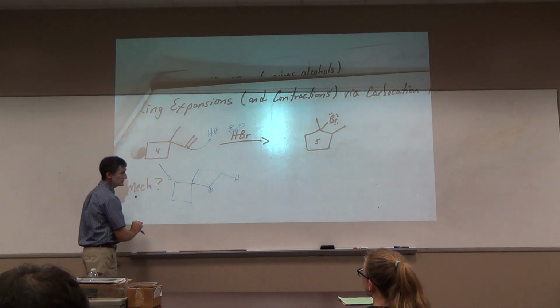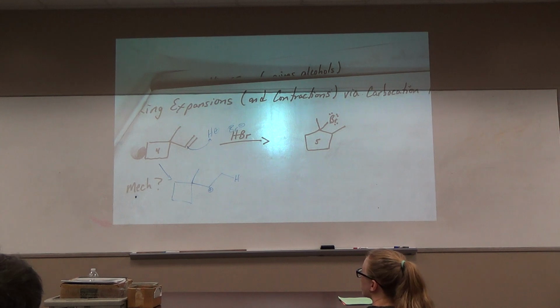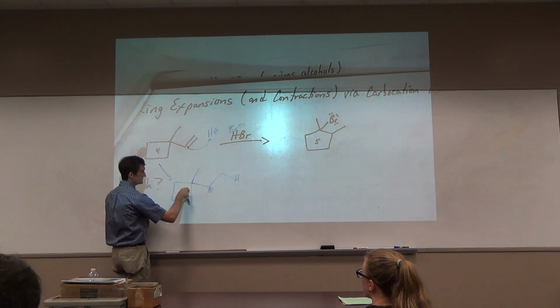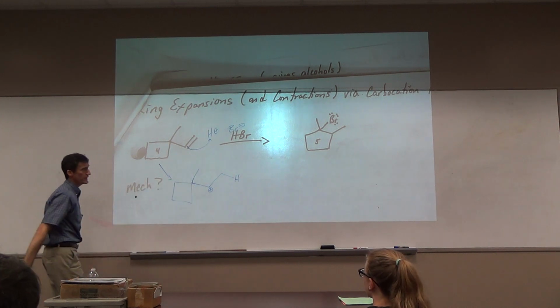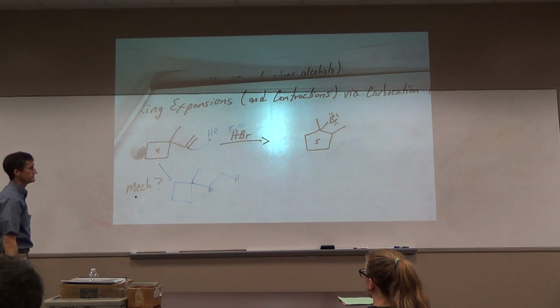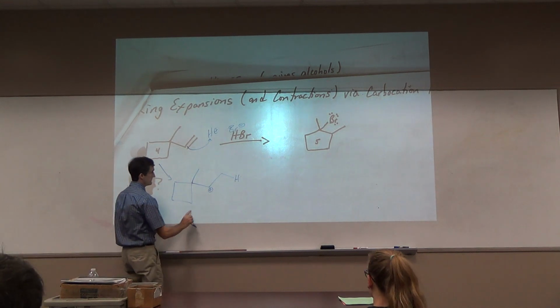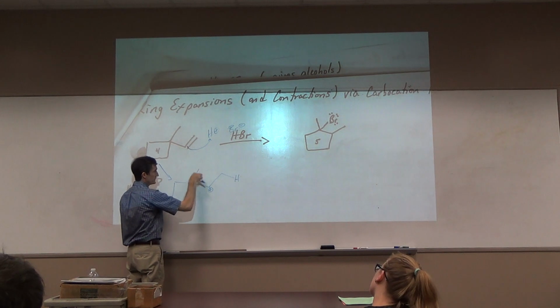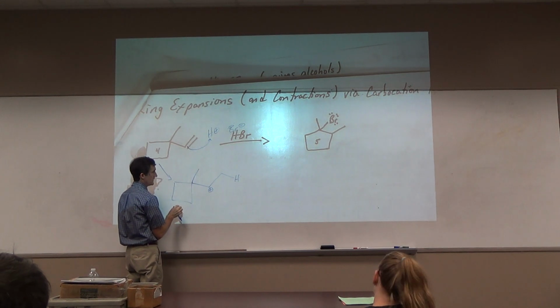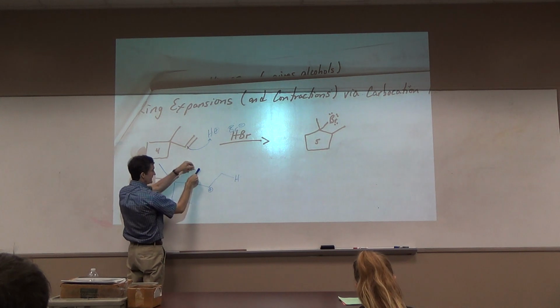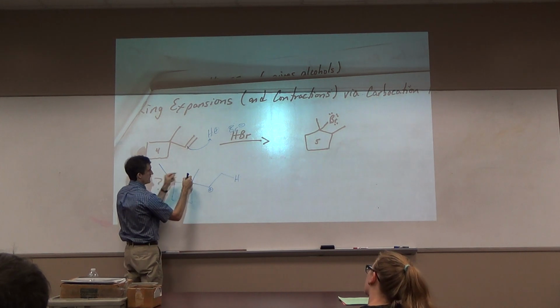A 4-membered ring has some ring strain, a 90-degree bond angle from 9th grade geometry. 5 and 6-membered rings are better. This methyl could shift over here. We could take this here and disconnect here and move it over.